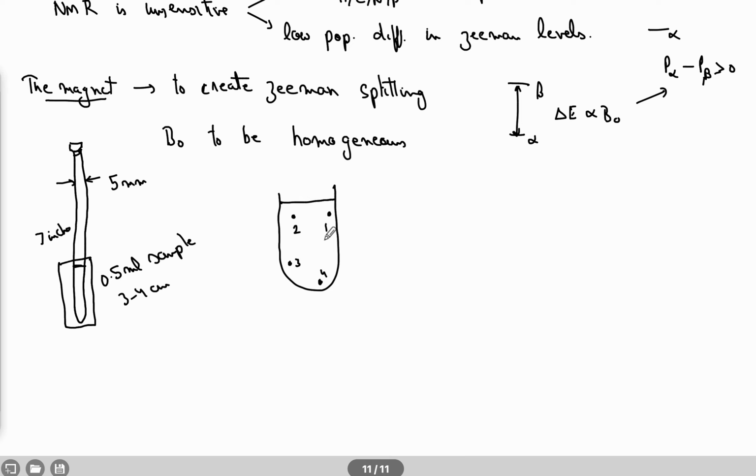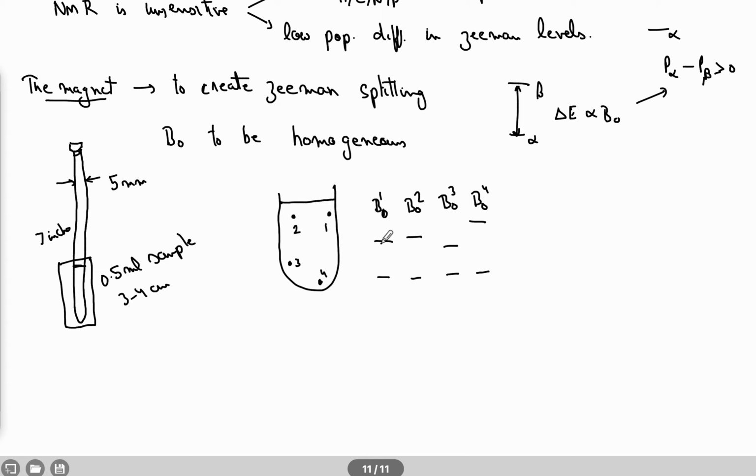Spin 1 will have, let's say, a B01 field, spin 2 has a B02 field, similarly B03 field, B04 field, and they will have their own alpha beta delta E values, right? So let's say 1 is smaller, then 3 is smaller than 2, and 4 is somewhere here.